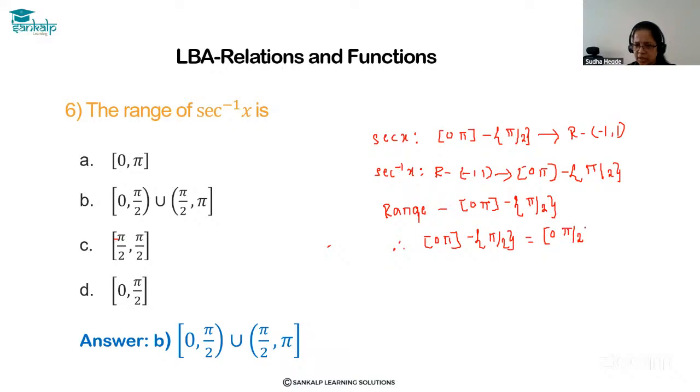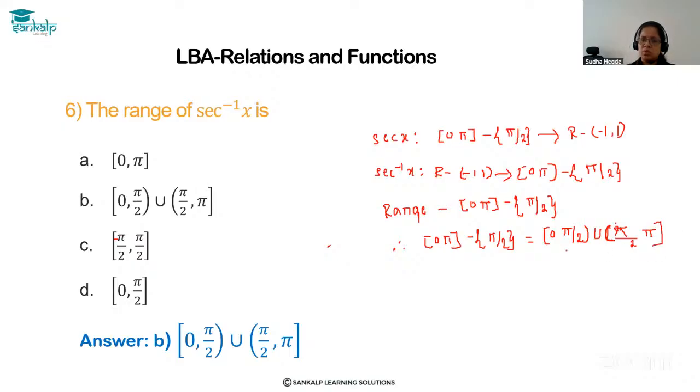So take it as closed union open: closed 0 to pi by 2 union open pi by 2 to closed pi.